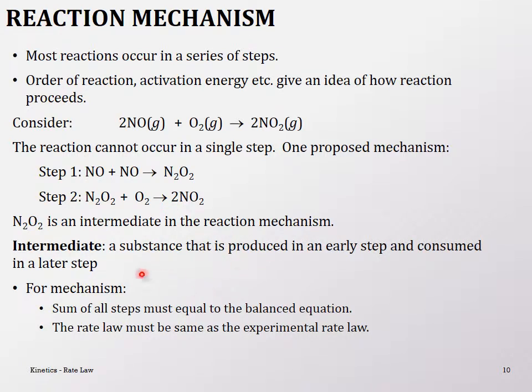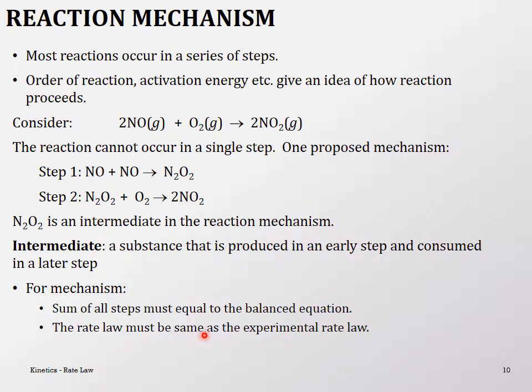And so for a mechanism, once you've written out all the steps, all the steps must add up to a balanced equation. If you remember your Hess's law, that's kind of what we did there. You were given several equations and were supposed to figure out the enthalpy for one equation, so by the time you were done, you had your final equation. That's exactly what we do for a mechanism also. We write all these things step by step.